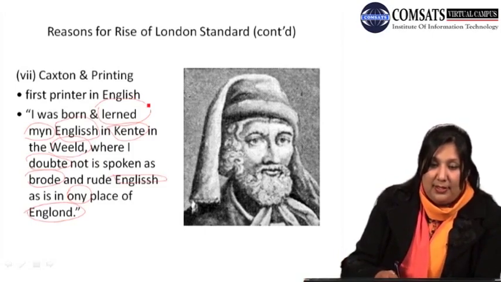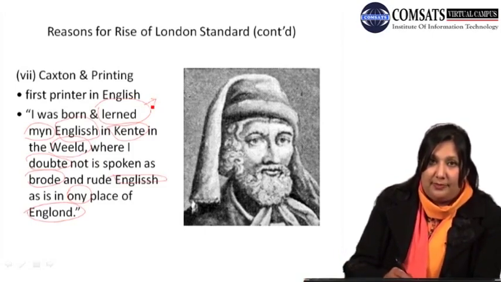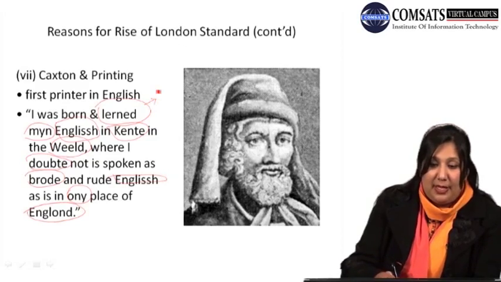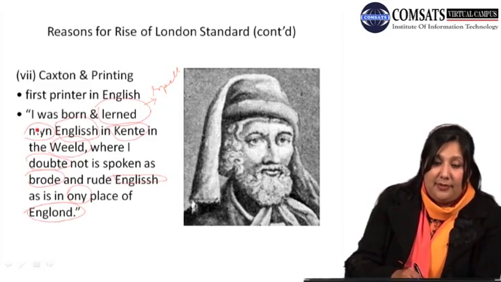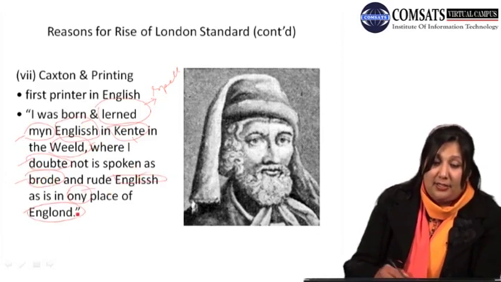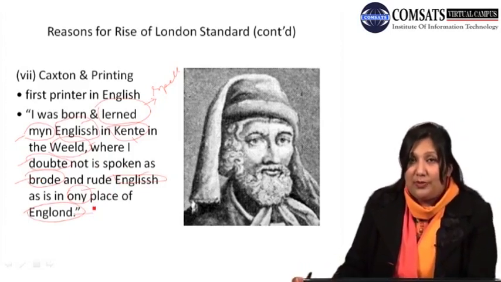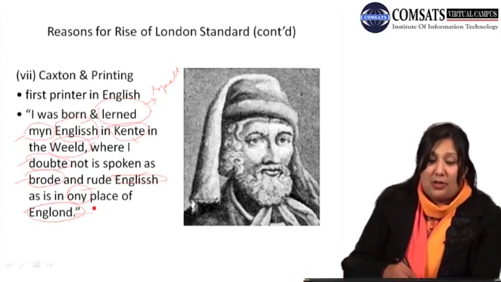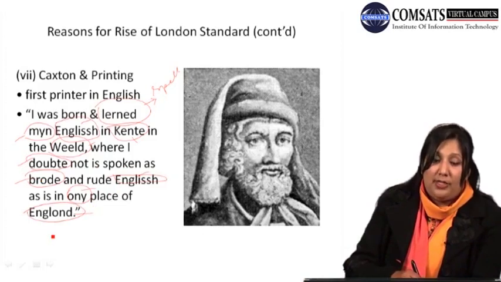This word learned has different spellings. English has different spellings. Kent and Weald are names, and they have different spellings. Doubt has different spellings. Broad has different spellings. English, any and England too. So what we are noticing is on which level of language?